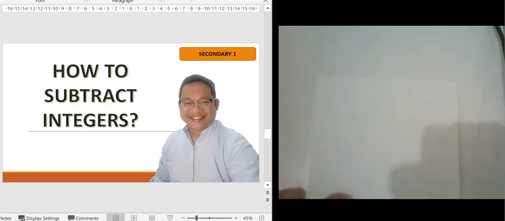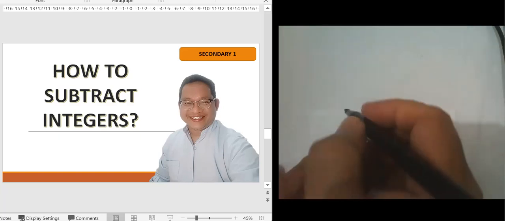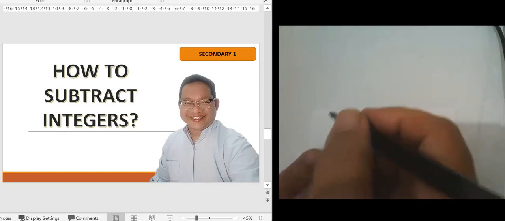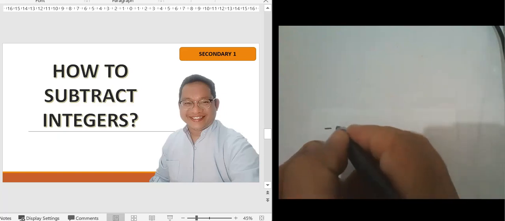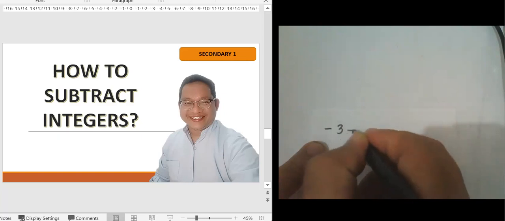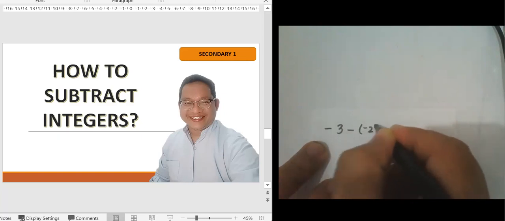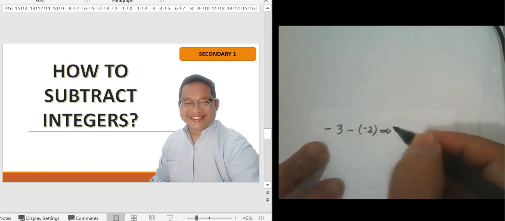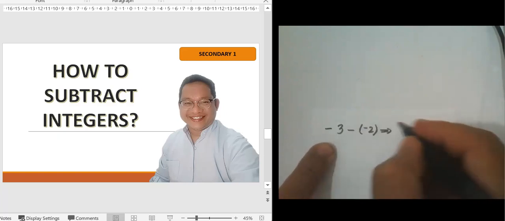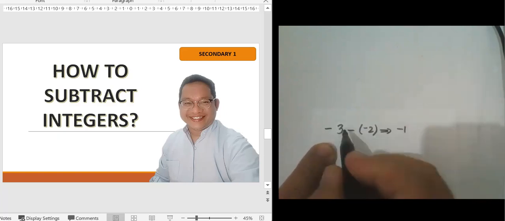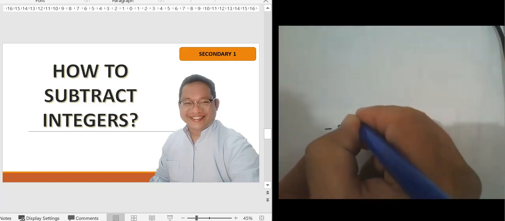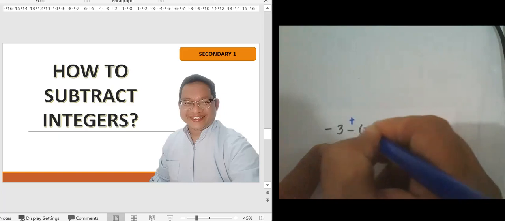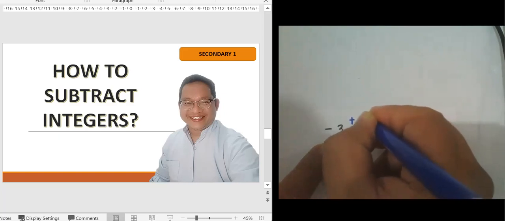All right. So again, just to summarize everything, that's all actually for subtraction. You have, for example, -3 minus -2. Again, what we have said is this is equal to -1. Why? Because you change this to plus, and then you take the opposite of this, make it +2.